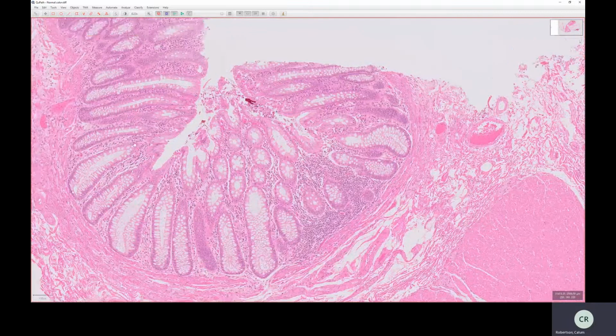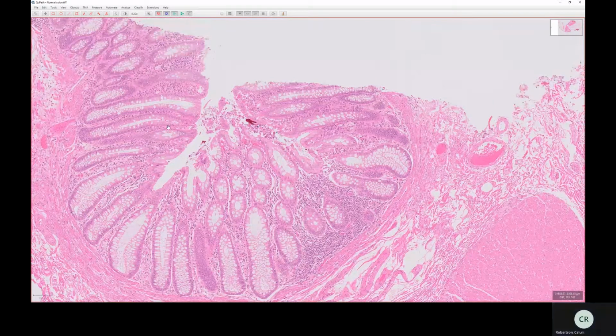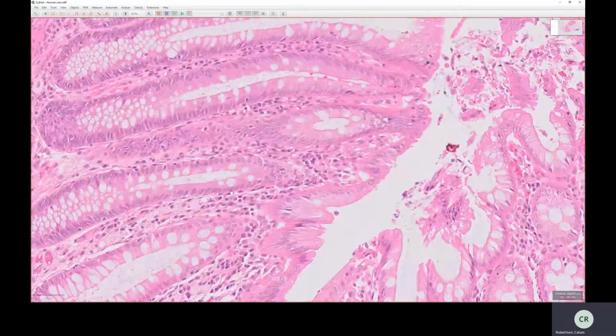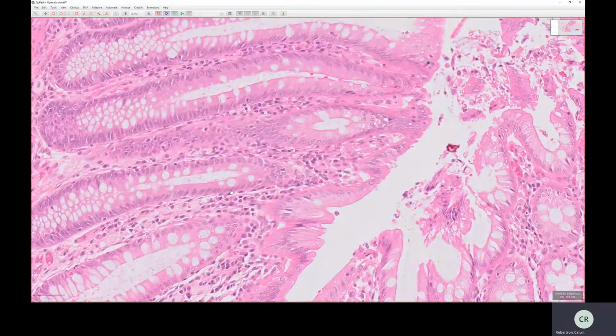Between the epithelial cells of the crypts are the inflammatory cells of the lamina propria. Now, it's normal within the large bowel to have chronic inflammatory cells within the lamina propria. You will see a mixture of lymphocytes, plasma cells, and occasional eosinophils, and that is normal.